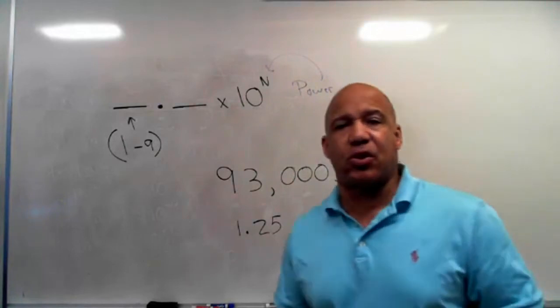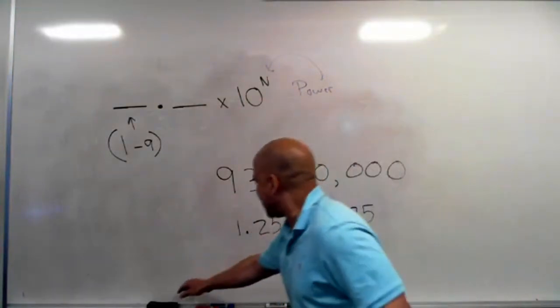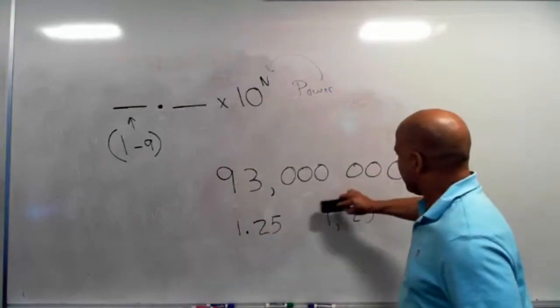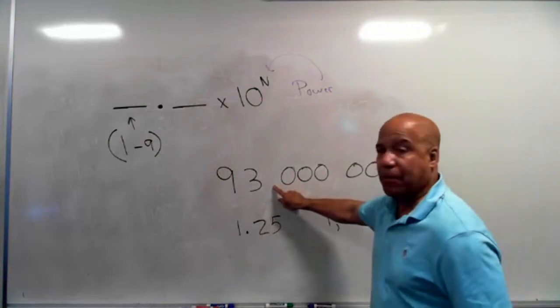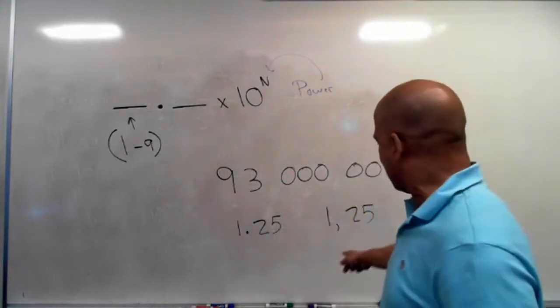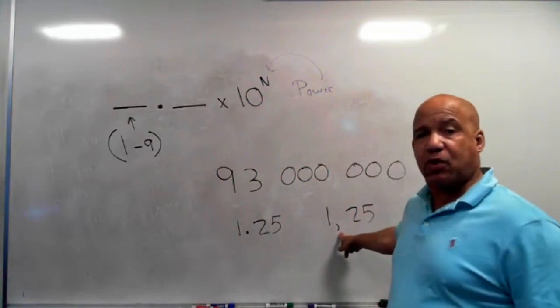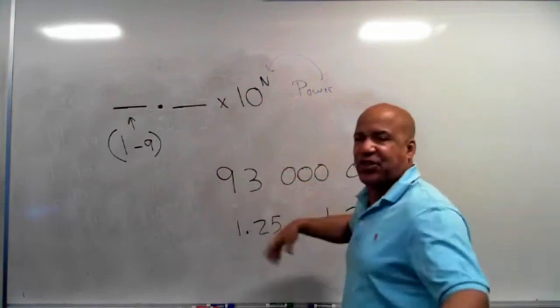So what scientists often do is leave these commas out, and they'll just group the zeros together. They'll leave spaces where the comma would go. I've actually seen that some of my African students have a comma that they use for a decimal point. So if you ever see me put these spaces here, that's the reason.